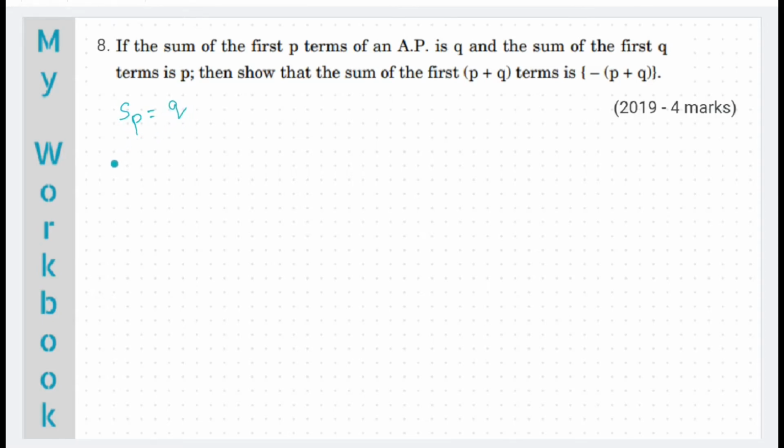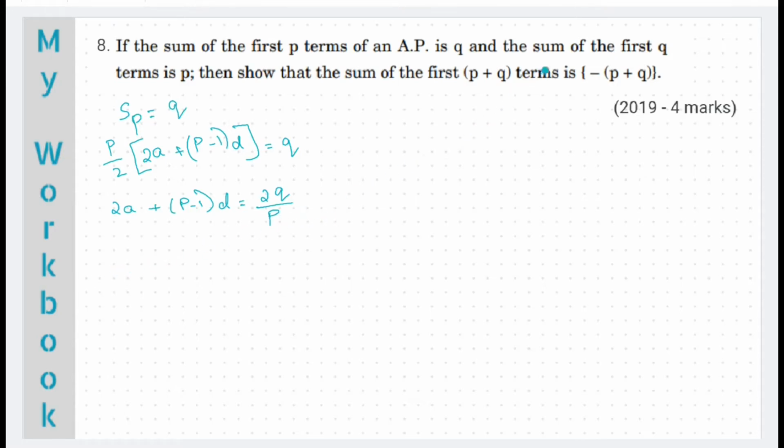Sum of the first p terms is given by p by 2 into 2a plus p minus 1 into d, which is equal to q. So we have 2a plus p minus 1 into d is equal to 2q by p.